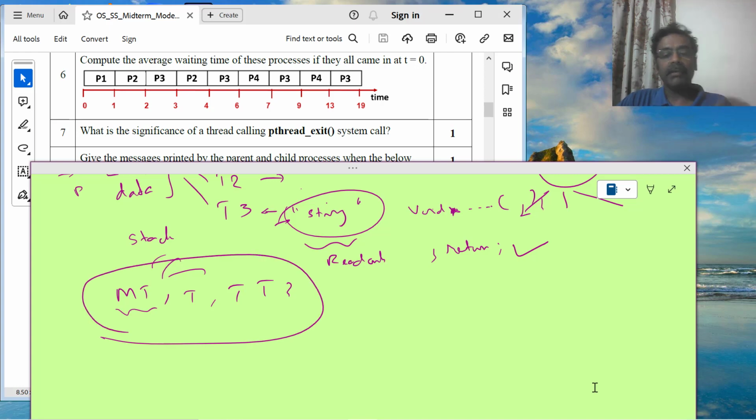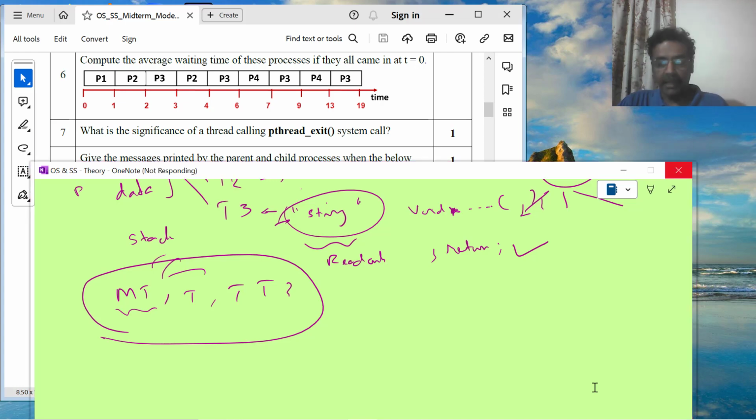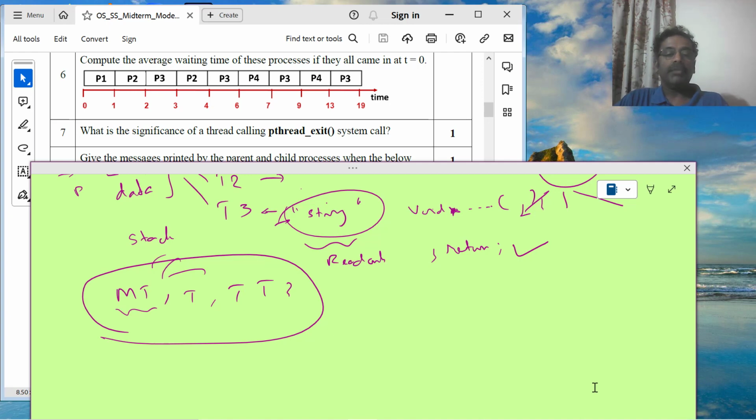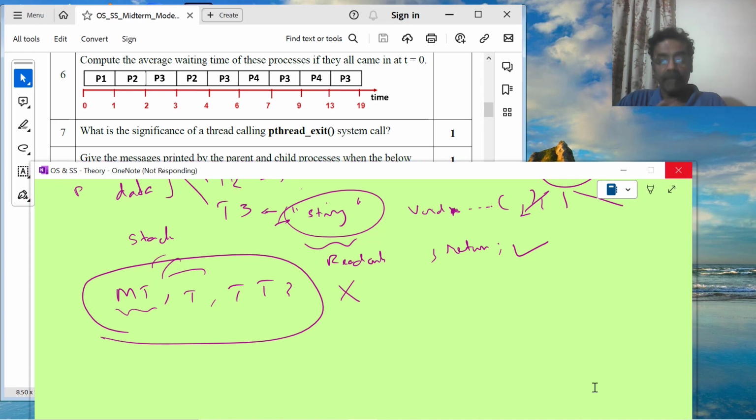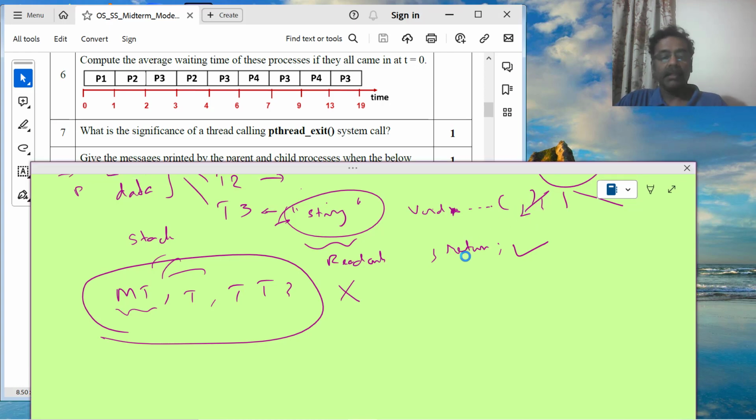When one thread function returns, it is not informing the pthread library that it is ending. That means it is going to kill all the threads. Even if one thread returns, all the threads will be removed and the main thread also will be killed. The entire process will be killed, because one thread is leaving without informing the pthread library.